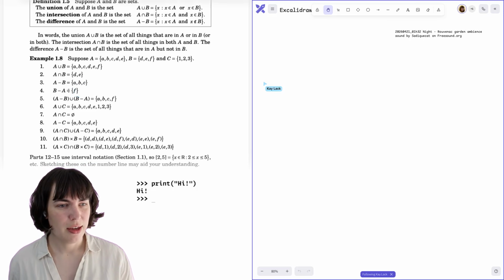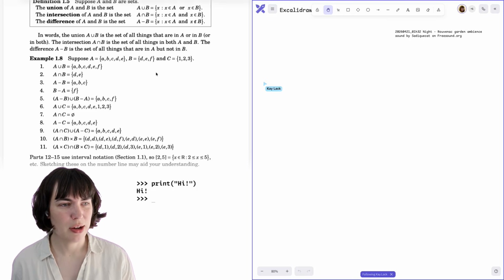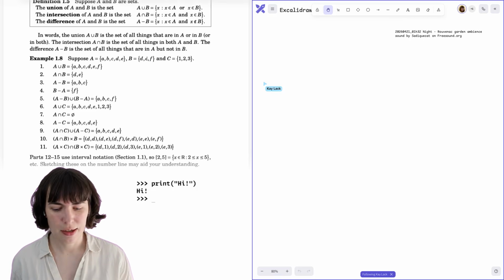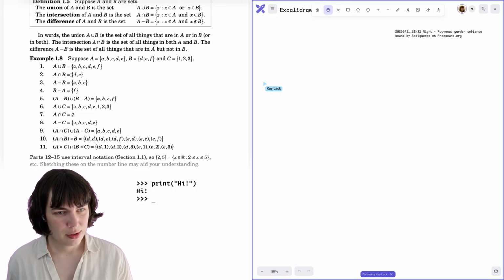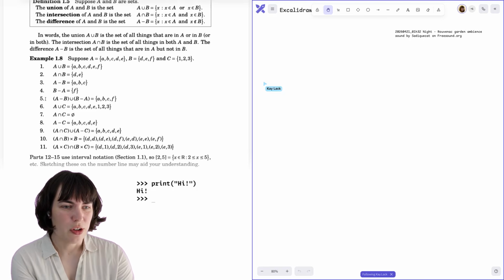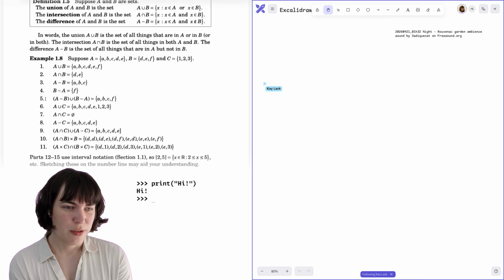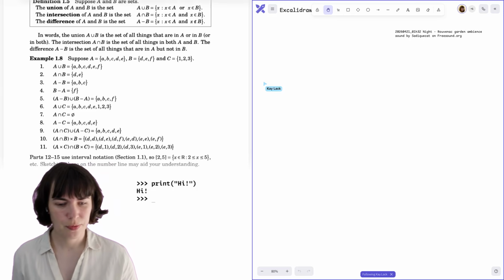B minus A, so that's the other way around, everything that's in B but which is not in A, so we take away the d and the e. Then we've got a combination of things here.